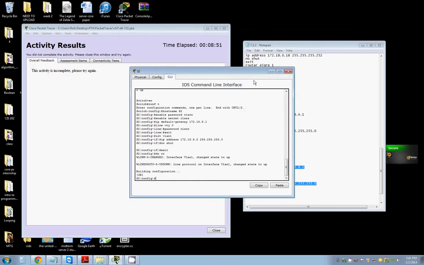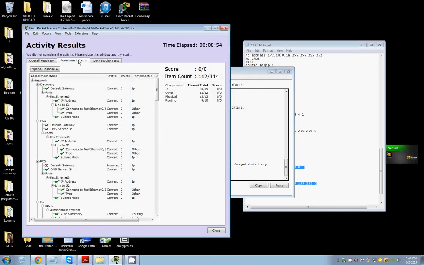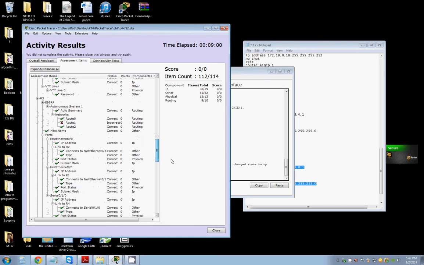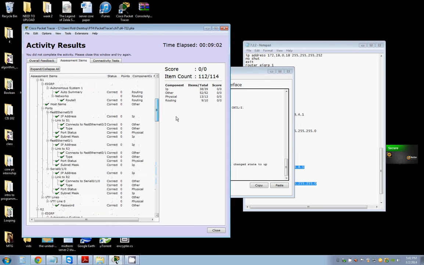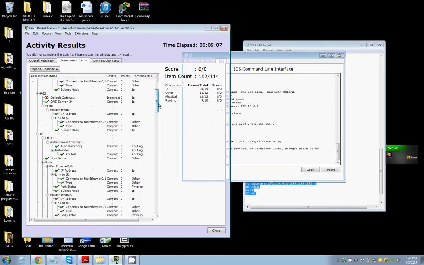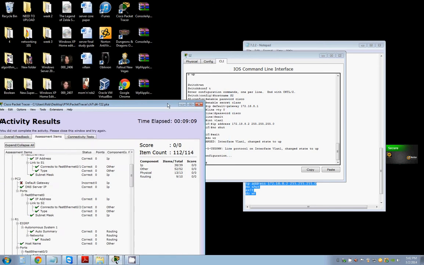Apparently I'm missing a couple things. I'll go ahead and check here, see what didn't get. PC2 didn't have the default gateway correctly configured. And then route 1 on router 3. So we'll go ahead and look at those two items. We'll go to PC2.